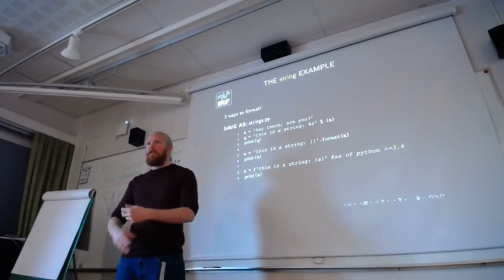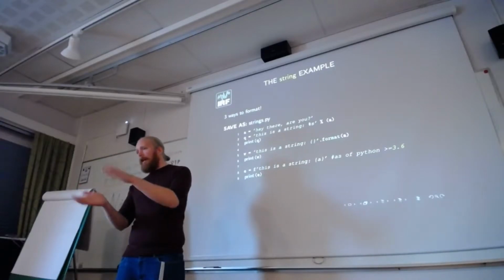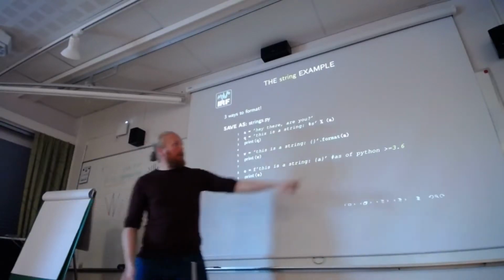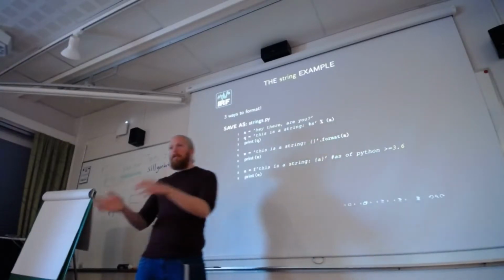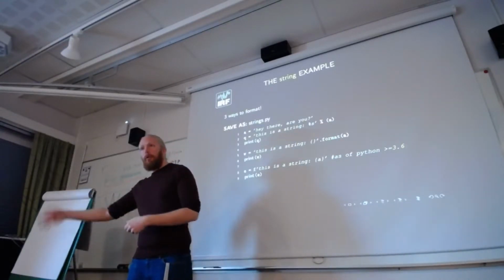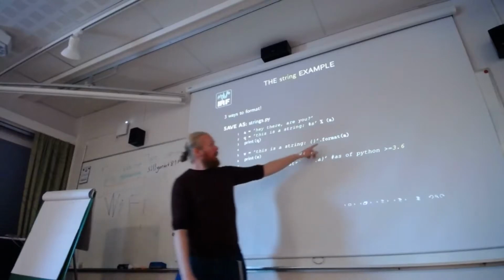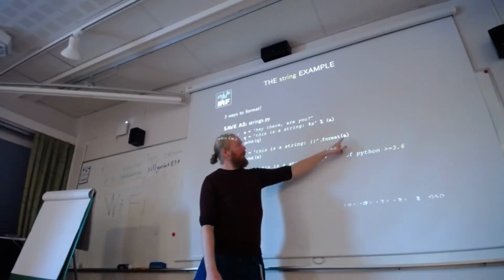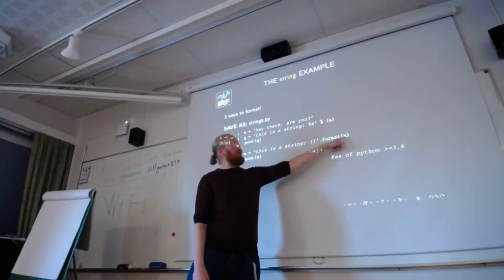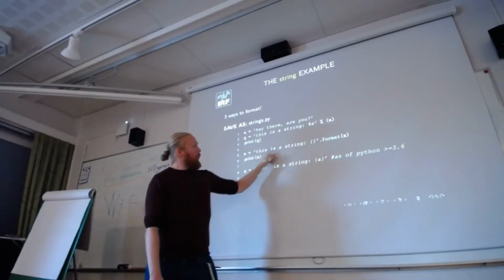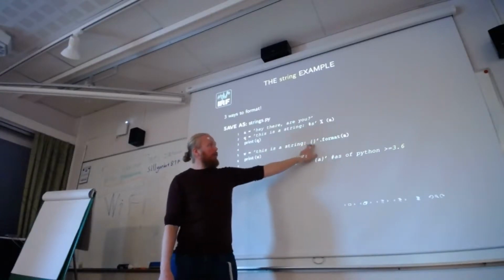One of the functions that comes along with it is format. So if you write dot format, you're actually accessing code that's supposed to work with strings. And then you put what you're going to format into the string as the arguments to the function. And to show where it ends up in the string, you put these curly brackets.